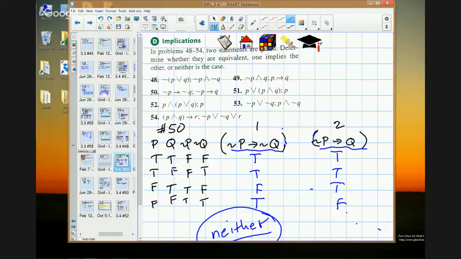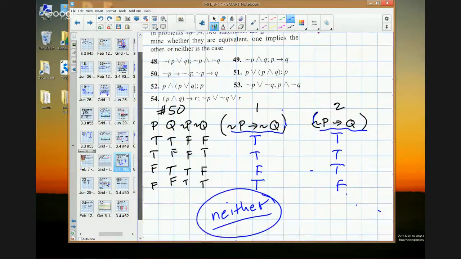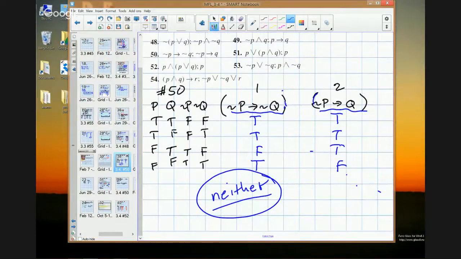The columns are not alike, right? Okay, but now I have to see: does the first statement imply the second? Does if 1 then 2 turn out to a tautology? Well, what's the rule for if-then? Only false when the first one's true and the second one's false.